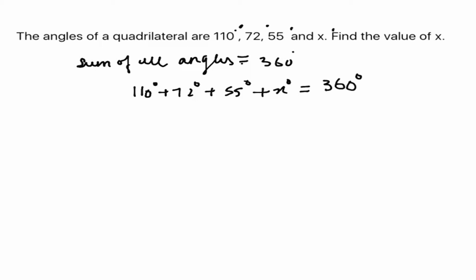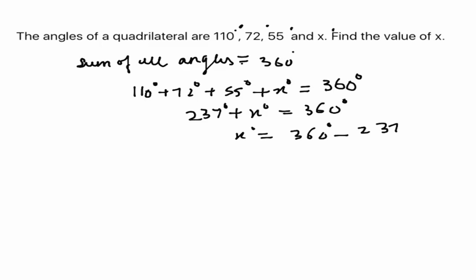360 degrees. Right? Now we will add these: 110 plus 72 plus 55 will give us 237. 237 degrees plus x degrees equals 360 degrees. Now we will transpose 237 to the right side. So x degrees will be 360 degrees minus 237.